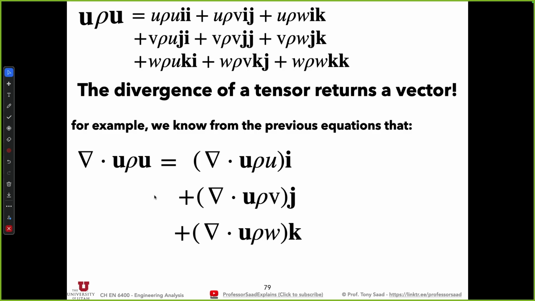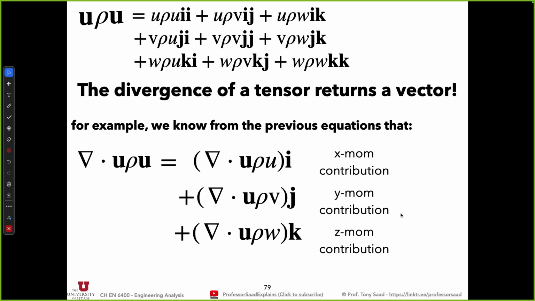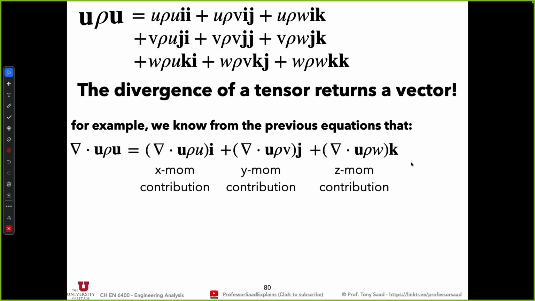Each one of them is a scalar, but at least this one contributes to x mom, this one contributes to y mom, and this one contributes to z mom. Now what is this? This is a vector. On the left hand side, I have the divergence of a tensor. This is divergence of a tensor, and this is a vector.